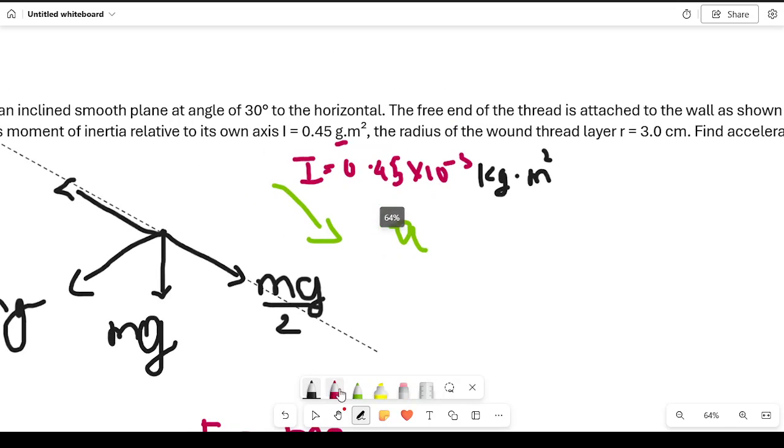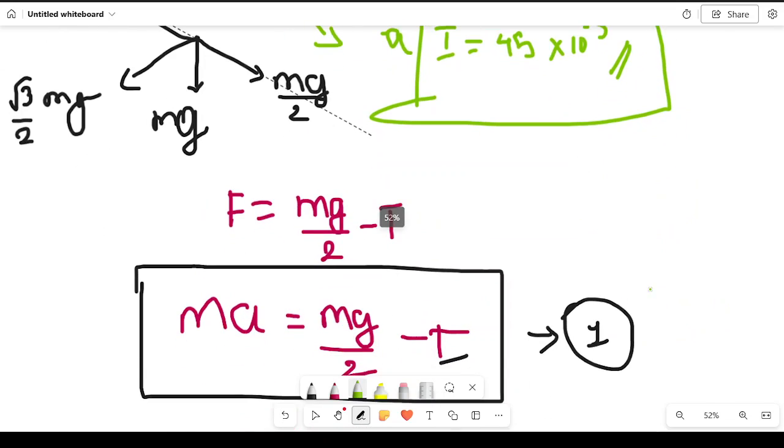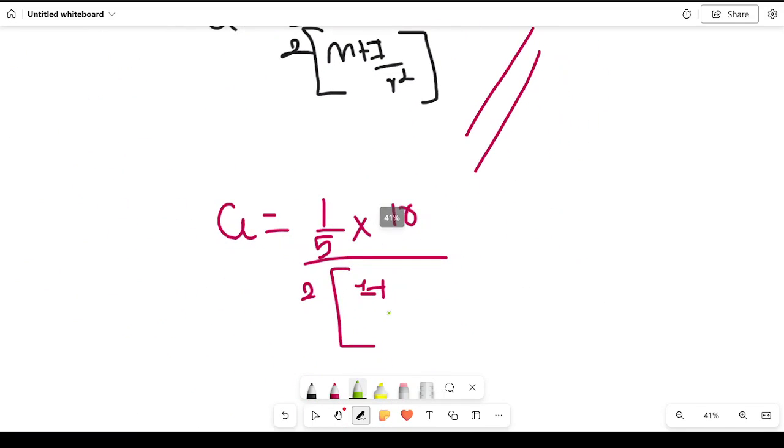Hence, if I simplify it further using exponentiation, I can say I is equal to 45 times 10 to the power minus 5. Now I'm just substituting this value in this expression. I get a equals 1 by 5 into 10 by 2 times 1 plus I value, 45 into 10 to the power minus 5, upon radius squared. Radius they gave to be 3 centimeters.